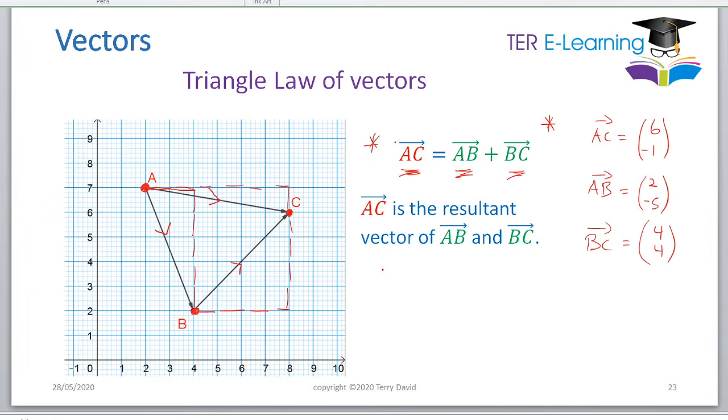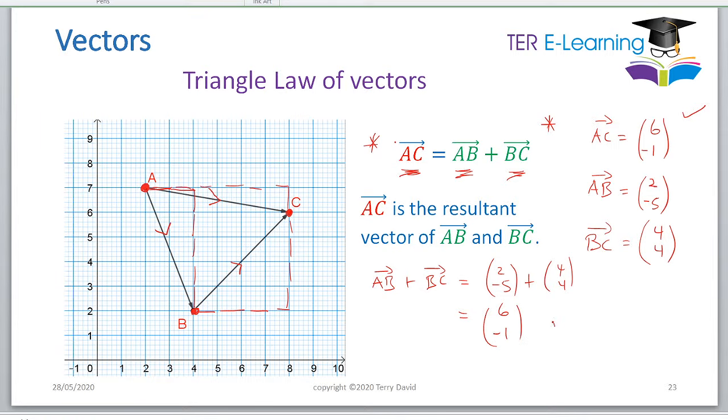So let's work out. We know what AC is. AC is 6 minus 1. So let's work out AB plus BC. Right? So we add two vectors here. AB is 2 minus 5 and BC is 4, 4. So 2 plus 4 gives me 6 and minus 5 plus 4 gives me minus 1.